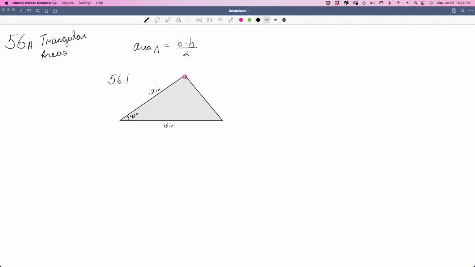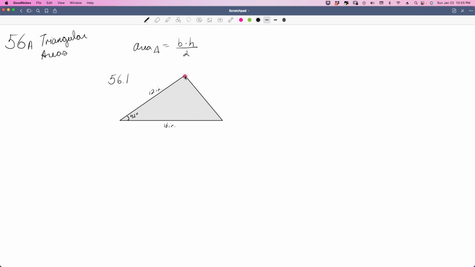This side is obviously longer than this side, and because it's not an isosceles triangle, we can't draw a line and find halfway. So we're not able to get the dimensions that we need just by looking at this the way it is. But we can use our trigonometric functions in order to find the height of our triangle.